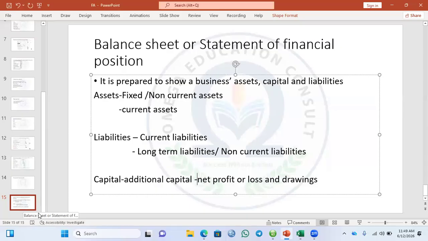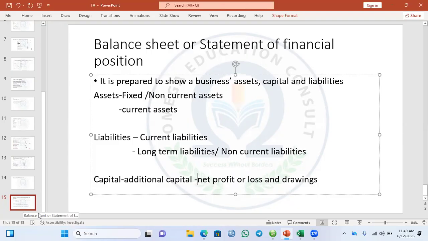Now, note it somewhere that this balance sheet is not an account. Unlike the trading account and the profit and loss account, the balance sheet is just a financial statement showing your assets, liabilities, and capital.